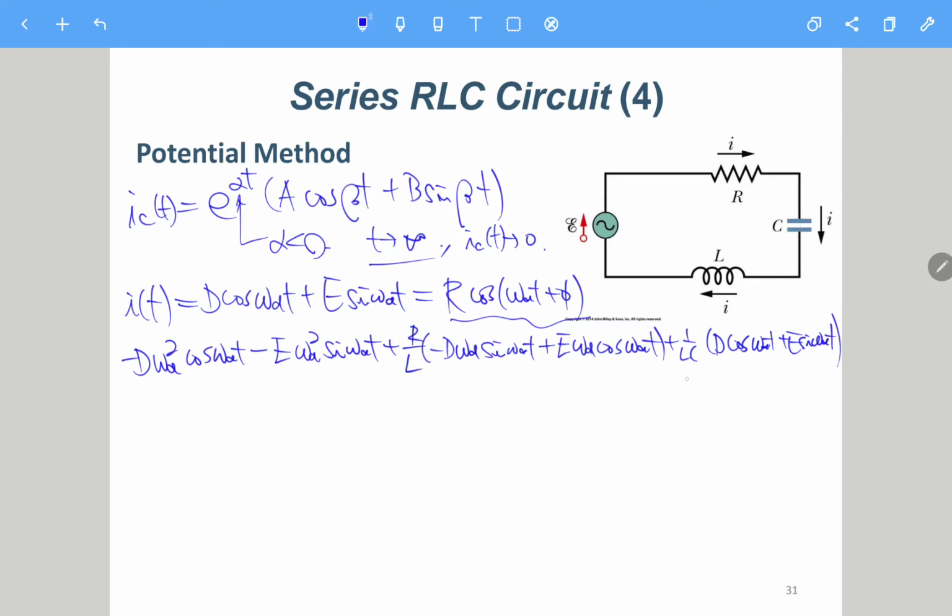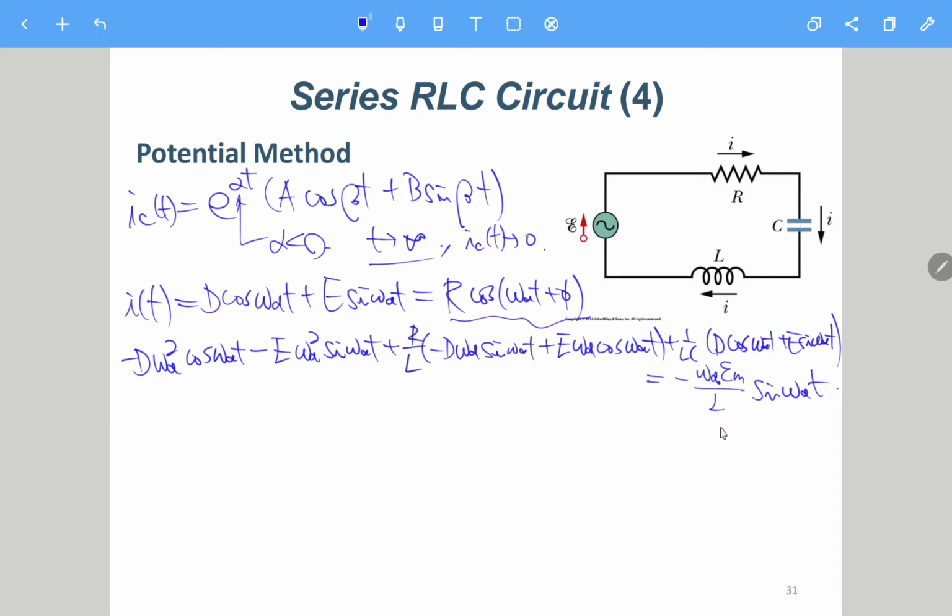Okay, and then equals negative omega d Em over L sine omega dt. Quite complicated, but here we have 6 terms on the left side and 1 term on the right side.